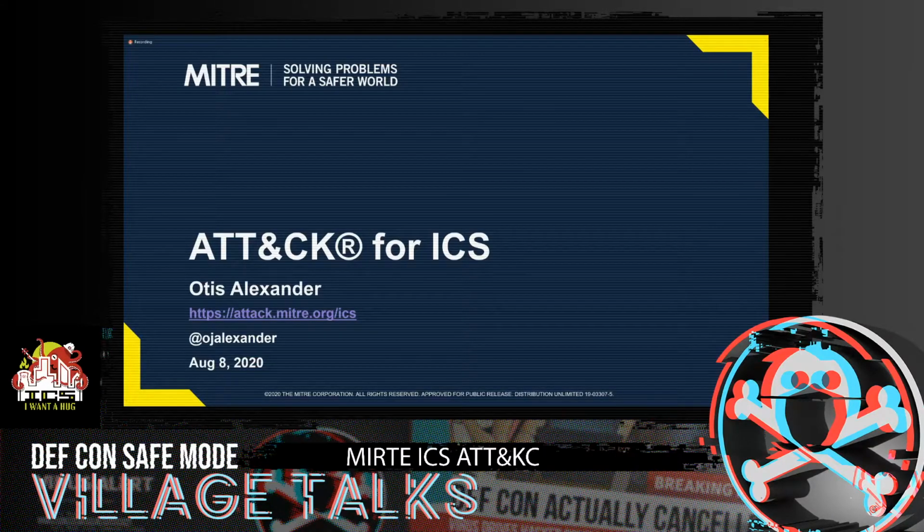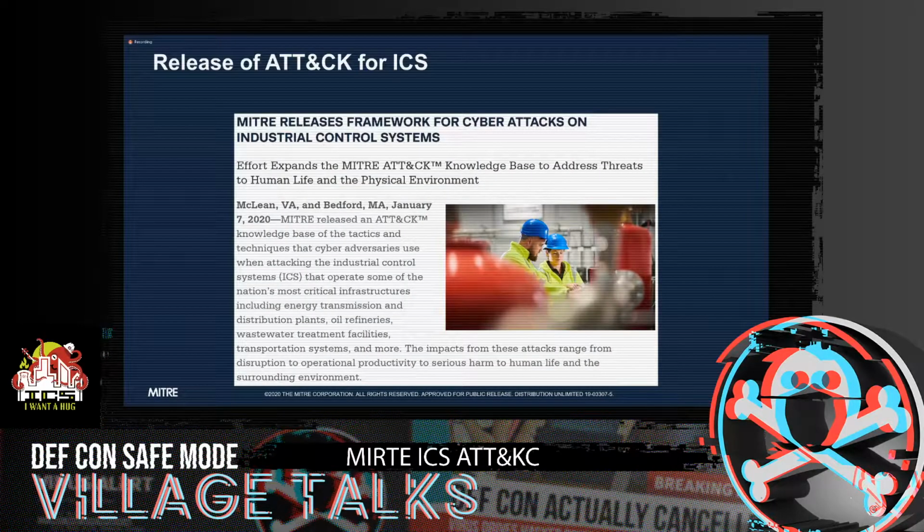So Attack for ICS was released this year in January. The real purpose of this knowledge base is to look at how adversaries have affected critical infrastructure in the past. So really looking at their behaviors, tactics, techniques, and procedures associated with the attacks and what the ultimate impacts of those attacks are.